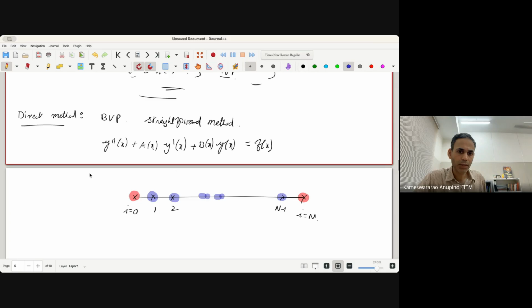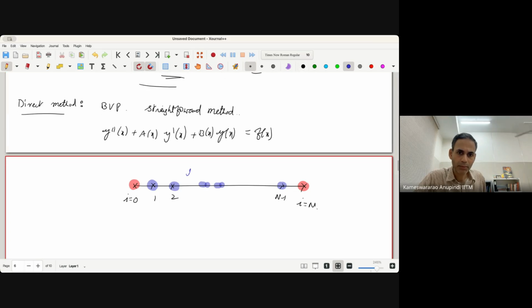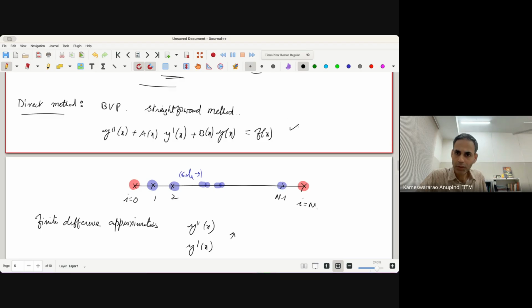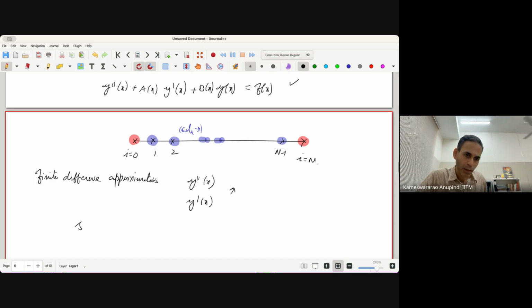Fine. Then what you do is you are going to choose some pitch as your step size, and then directly apply your finite difference approximations that we have already learned for your y double prime x and y prime x, and you're going to substitute them in this equation and then form a system of linear equations.